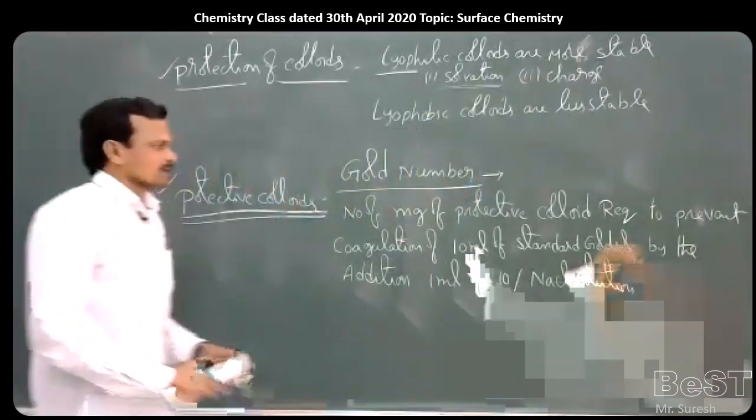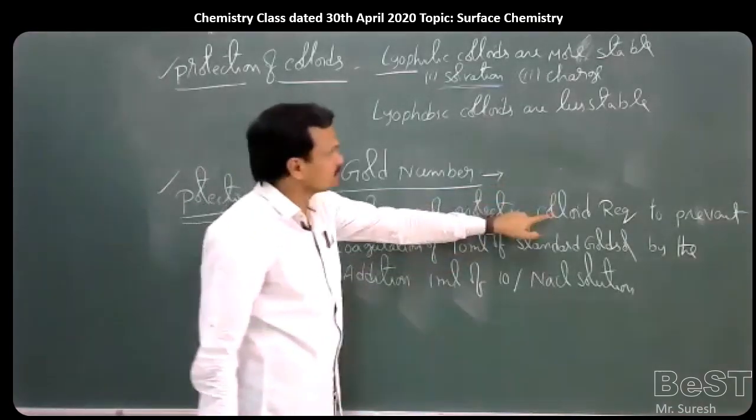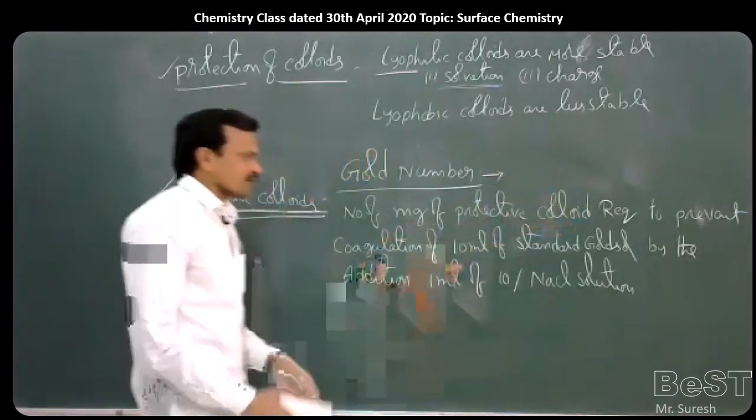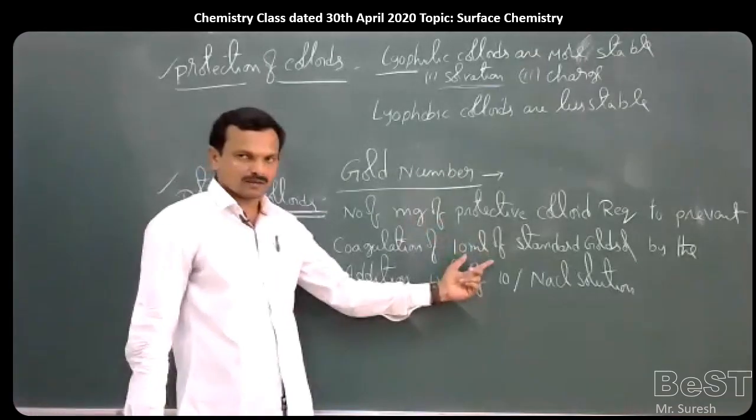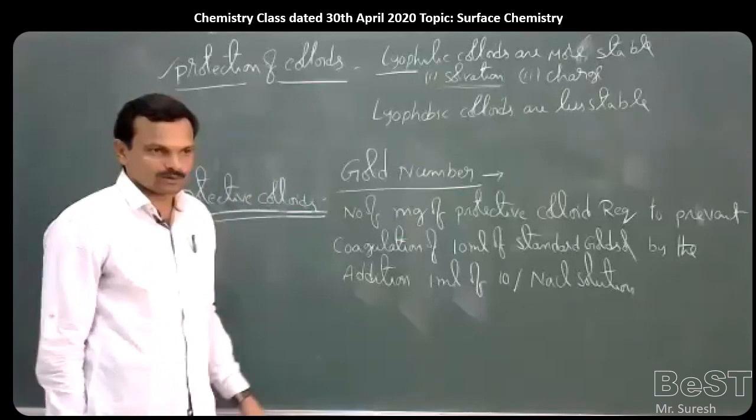See, this is the gold number definition. Number of milligrams of protective colloid required to prevent the coagulation of 10 ml of standard gold salt by the addition of 1 ml of 10% NaCl solution.